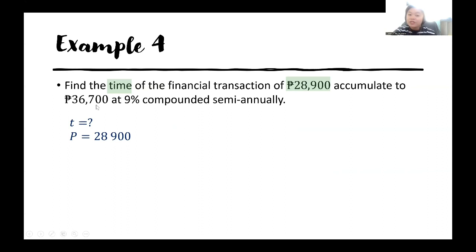It became 36,700, which is our future value. And then we have 9%, which is our R. In decimal form, it's 0.09. Remember, the rate is in decimal form when you input it in the formula, not in percent. Compounded semi-annually, so your M is equal to 2.